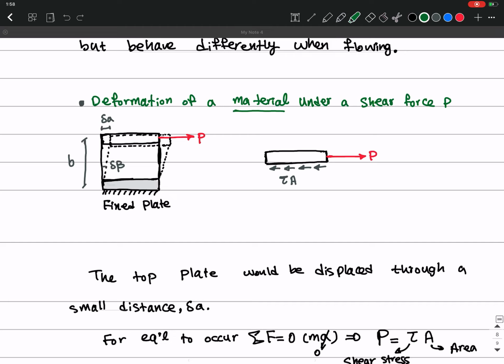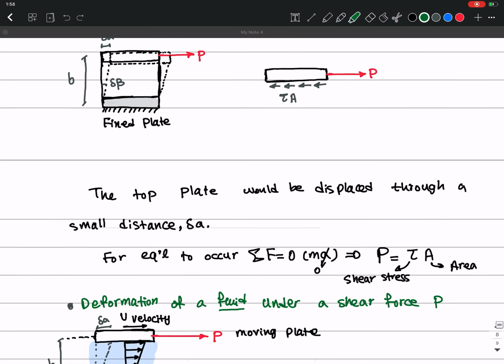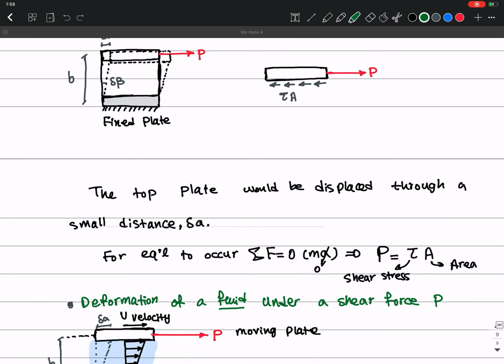So in a material, the top plate will be displaced through a small distance delta A, and then it stops, because of the shear stresses that are exerted in that material. So here we have a material, just so you know, like a solid material. And so we wrote that in order for the equality to occur, the force should equal tau, the shear stress, times the area for this solid material.